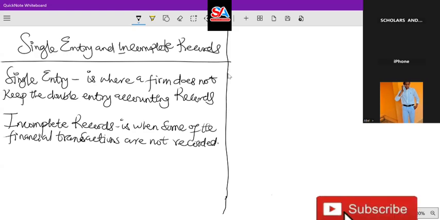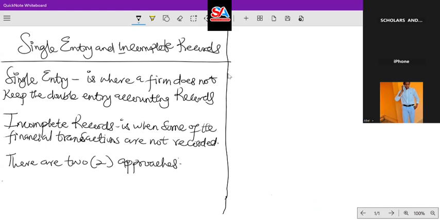So there are two approaches that we consider under single entry and incomplete records. Under any single entry and incomplete records question, there are two approaches. What are the approaches?